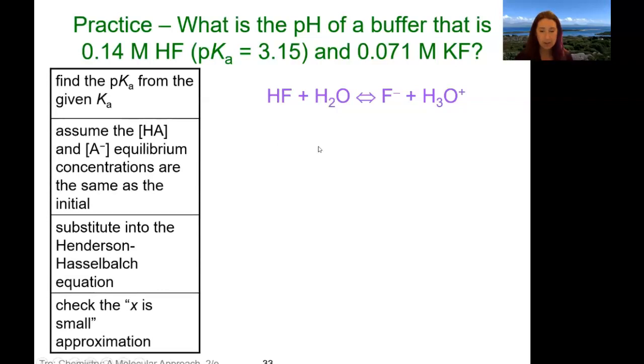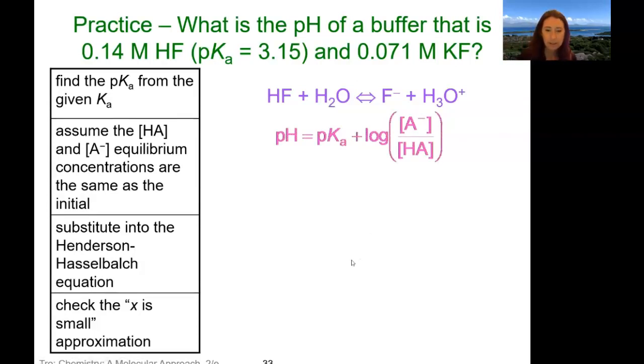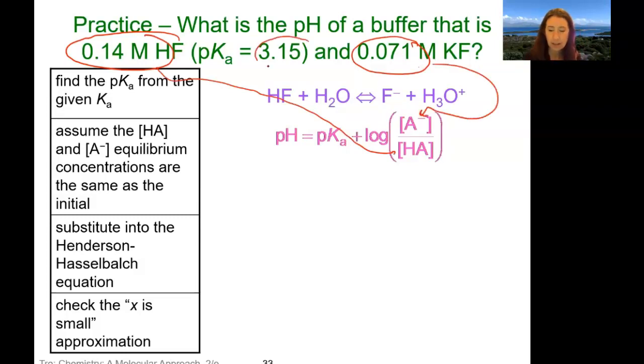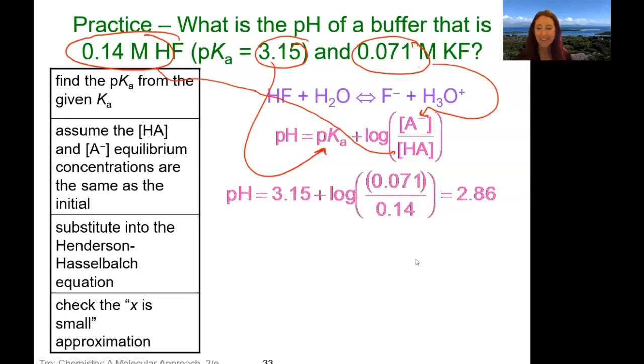So here's Henderson-Hasselbalch, pKa plus the log of the base over the acid. You plug it in, right? Here's our acid. Here's our base. They gave us our pKa. 2.86. See, a lot easier than ice tables, right?